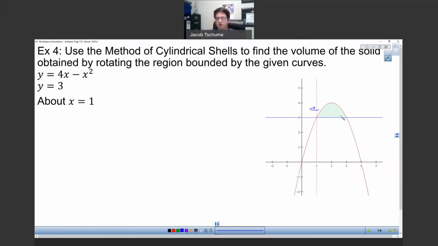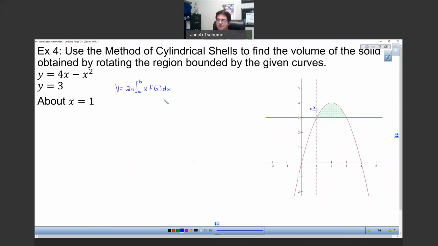All right, so first off, the line you're rotating around is parallel to the y-axis. And since we're doing shells, we have to work backwards. So we would actually be doing that volume equals 2 pi times the integral from a to b of x times f of x dx.